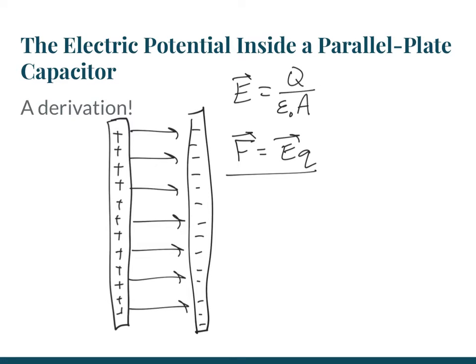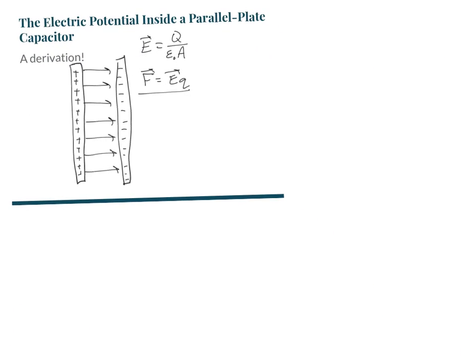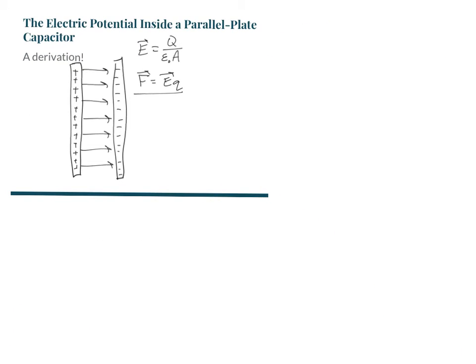I'm going to shrink this a little bit so I've got some more room to derive, because that's what we always need, is more room to derive. And we'll start with the equation work equals force times distance, or displacement, whatever. And if you're keeping up with scalars and vectors, this is a dot product, and the dot product of two vectors becomes a scalar, so work is a scalar.